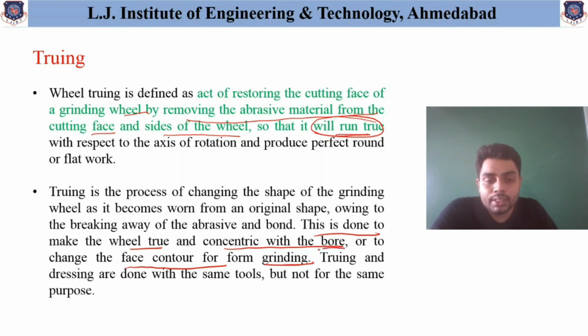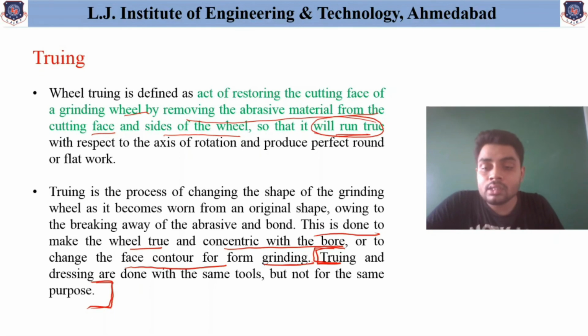So truing and dressing are done with the same tool but not for the same purpose. Again, this line is very important. Both are performed with the same tool, but the purpose of the two operations is comparatively different.